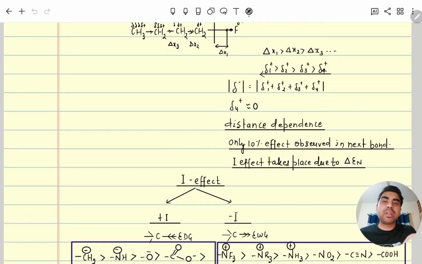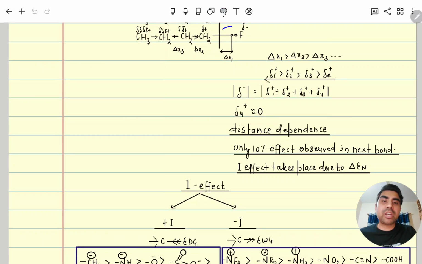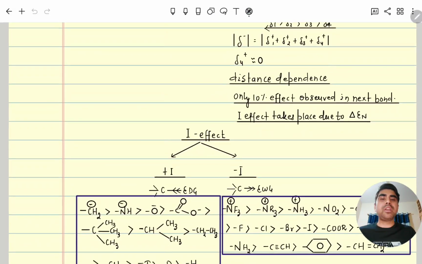Next, whatever electron is displaced here, only 10% of it will be displaced here. Similarly, whatever is displaced here, only 10% will be displaced here. Whatever is displaced here, only 10%, meaning this is almost negligible. That's why it is a distance dependent effect.